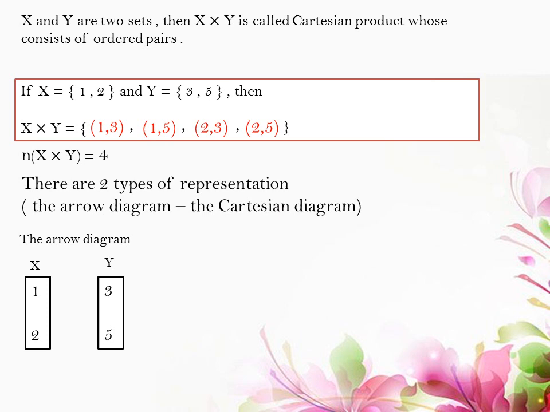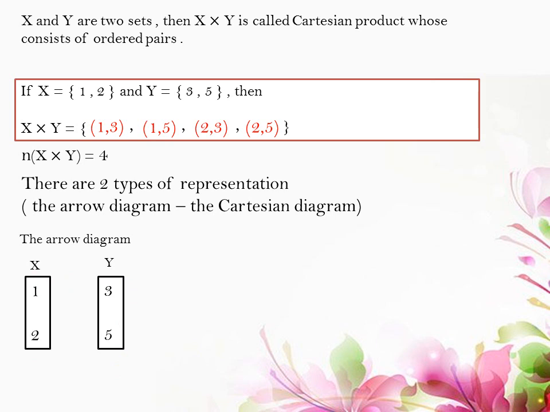The arrow diagram consists of two columns, one for x and one for y, and we will write the elements of the set x in the first column and the elements of the set y in the second column.